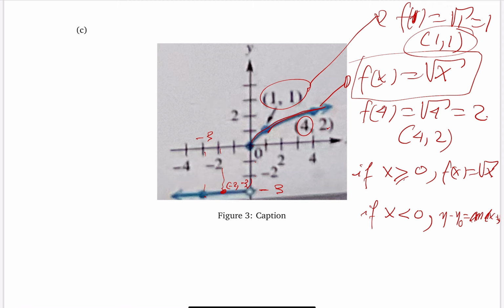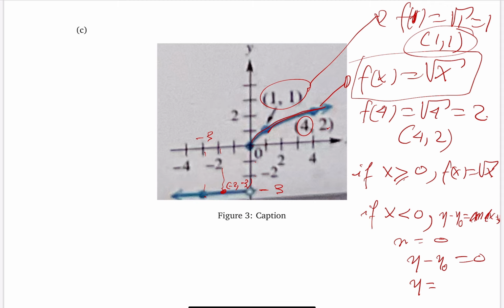If you want, you can find the m, but you can tell the m has to be 0, of course. The m will be 0 because it's a horizontal line, and for a horizontal line, the slope is 0. So you have y minus y naught is equal to 0, then y is equal to y naught.